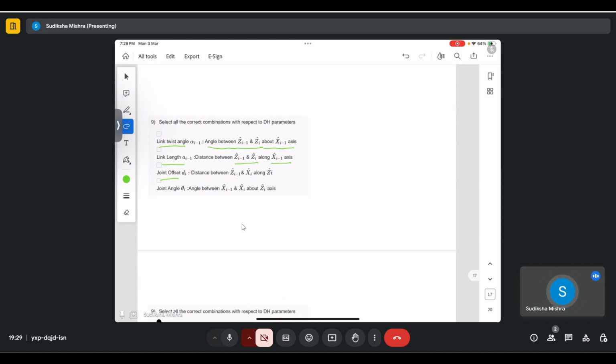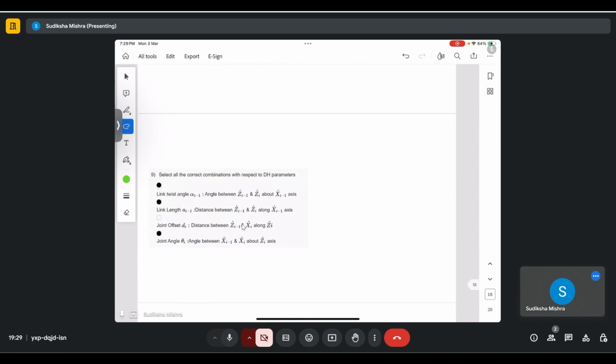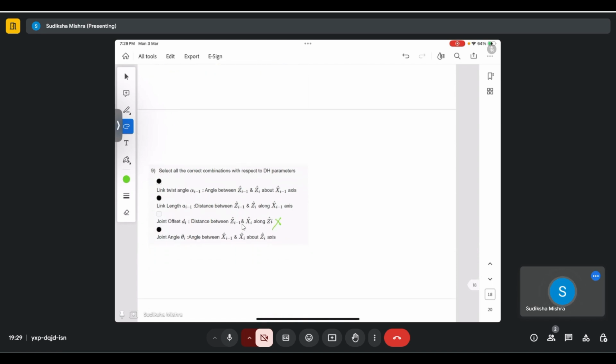Joint offset d i is the distance between x i minus 1 and x i along z i. Joint angle theta is the angle between x i minus 1 and x i about the z i axis. Except for this, everything else is correct.